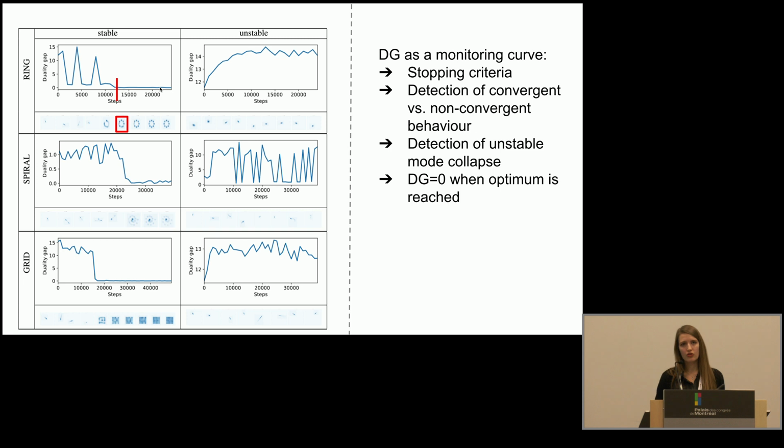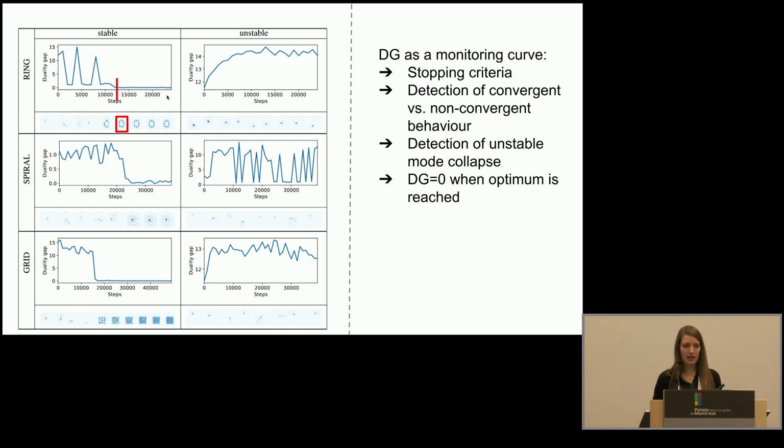If you're a practitioner trying to decide when to stop the training, this example is 2D, so it's obvious to see, but imagine this in higher dimensional problems. If you look at the generator and discriminator curves, they oscillate and you cannot see this point, but with the duality gap, this is clearly reflected for all of these models.